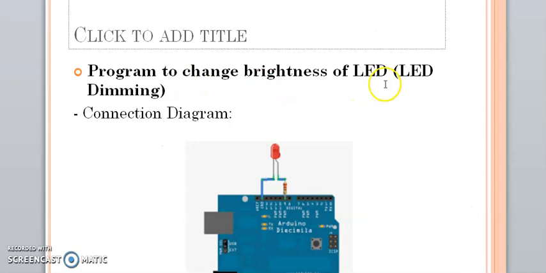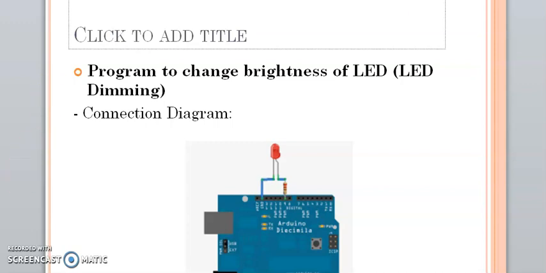Now let us go and write the program, as discussed in the earlier session, to change the brightness of the LED. In the previous session, we just saw that an LED can be on and an LED can be off, but here one wants to dim the LED, that is, change the brightness of the LED. Then the PWM wave can be used, because by changing the duty cycle of that PWM wave, you are going to change the analog voltage generated at that particular pin.